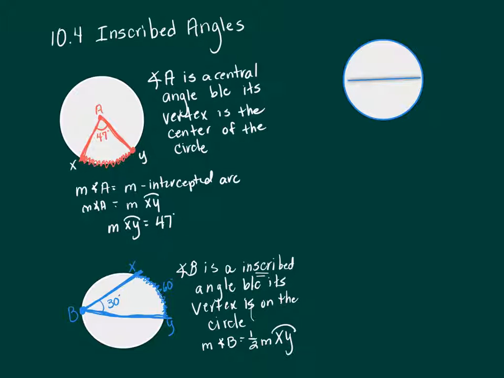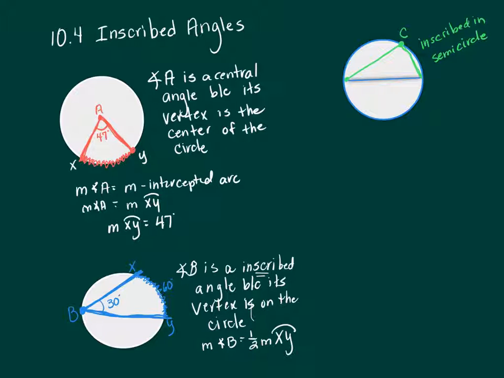Okay, there's a diameter. If I take my circle, and this time I put an inscribed angle inside this semicircle. Now when I do that, remember inscribed always means that the vertex is on the circle. So this time I'm inscribed in a semicircle.